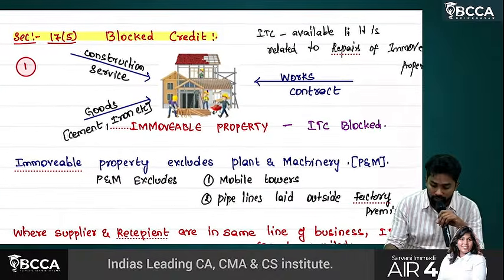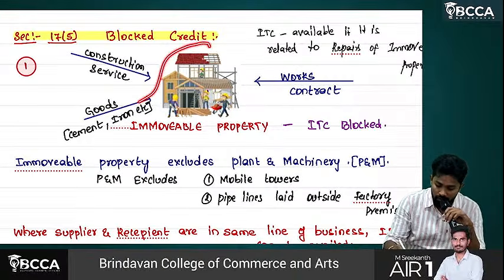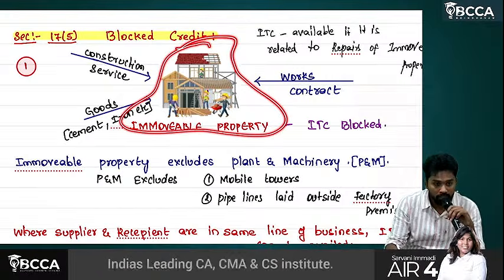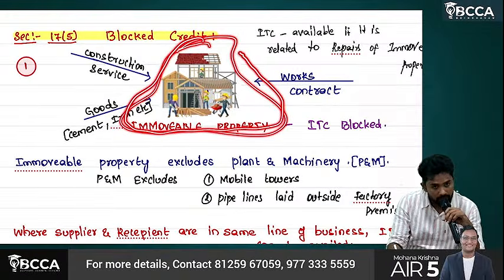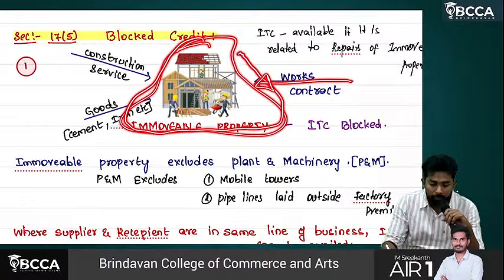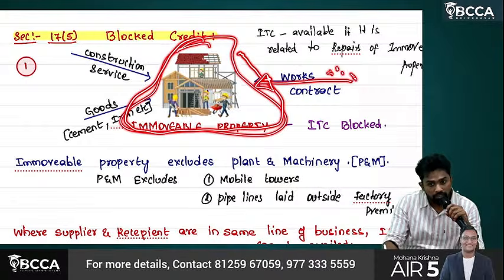So the first one, sir, see, here there is an immovable property. With respect to construction of this immovable property, either a works contract might be taken. What is a works contract? Works contract means the contractor has to supply both goods as well as services.